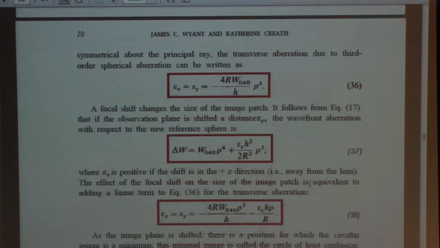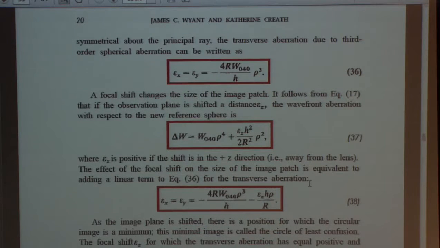And so I could introduce some defocus here, and from our last class, then we can write that delta W is the spherical, W040 rho to the fourth, plus our defocus term. Defocus term goes as rho squared, and then this mess out in front, which I don't expect you to remember, is epsilon sub z h squared over 2r squared.